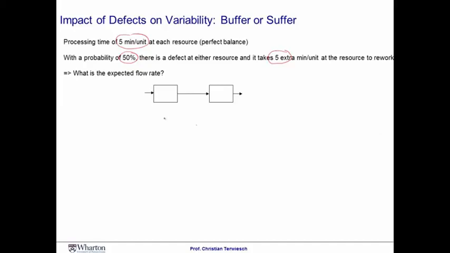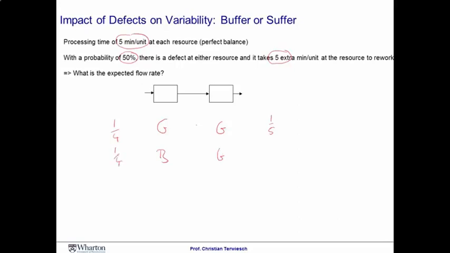In the best case, both of them create a good flow unit. Let's take G here for a good flow unit, and that happens with a probability of 1 over 4, and in this case we're going to get a flow of 1 unit every 5 minutes. However, it's also possible that the first step messes up and the second one does the flow unit correctly.